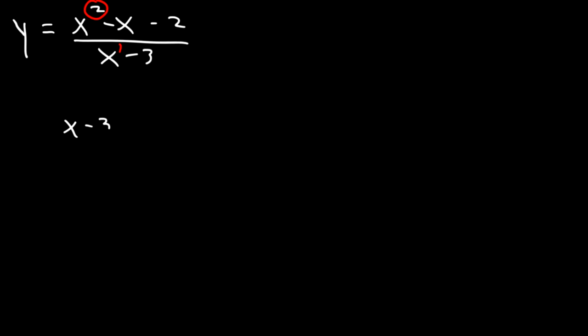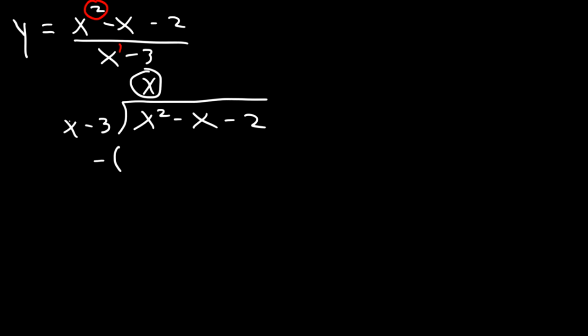So let's go ahead and find it. And to do that, we need to use long division. So let's divide x squared by x, which is equal to x. Next, let's multiply. x times x is x squared. x times negative 3 is negative 3x.